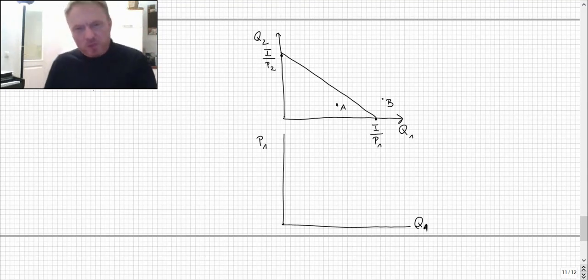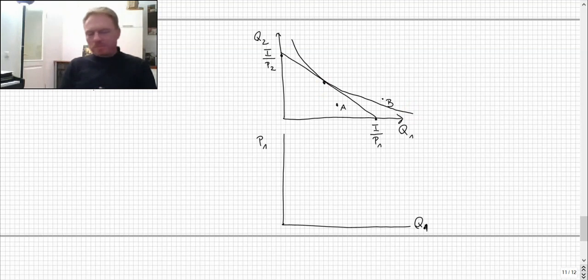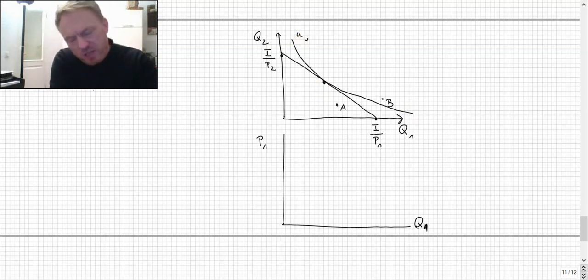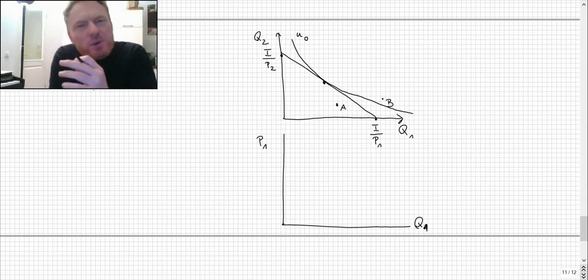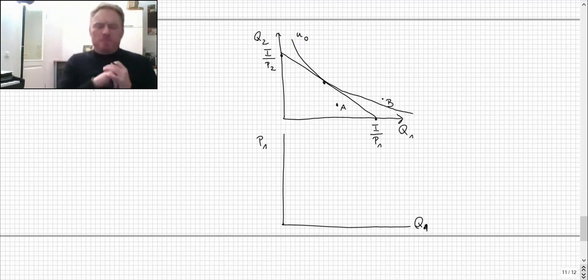Now, we want to derive the optimal points. The optimal point, for example, is on what a nice curve, what a nice line. That's the so-called indifference curve, the one where the budget constraint is tangent to. What was the meaning of an indifference curve? U0, for example.